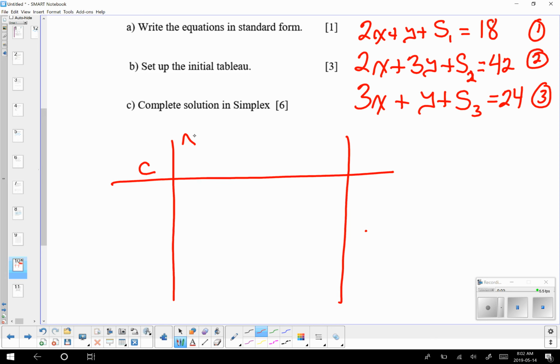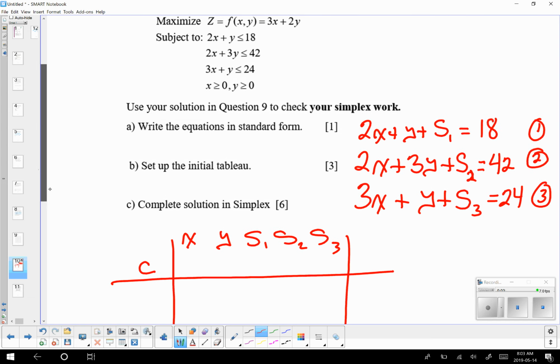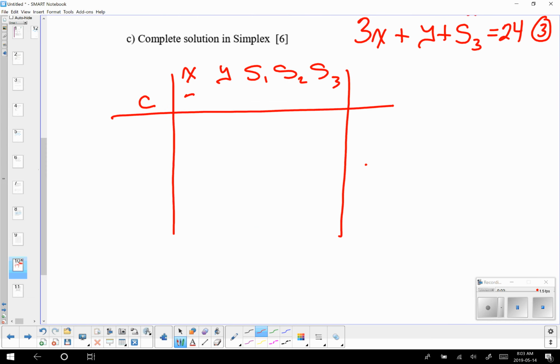So we have an X, we have a Y, S1, S2, S3, and we can see that 3X and 2Y. So the values in our max Z equation are 3 and 2, and of course, whatever we don't produce, we're making no money on.